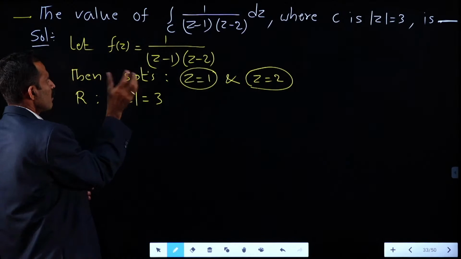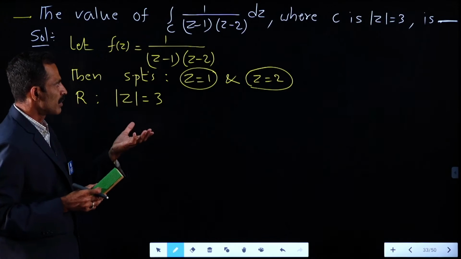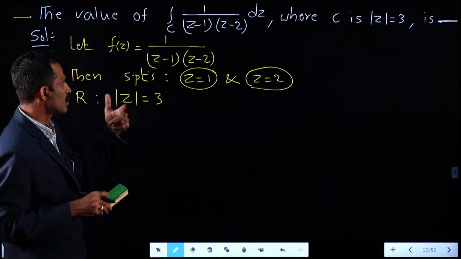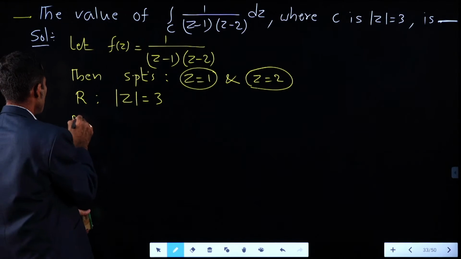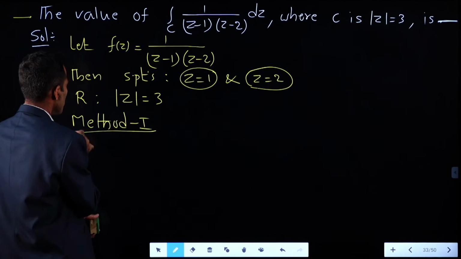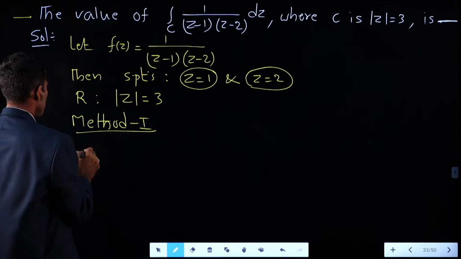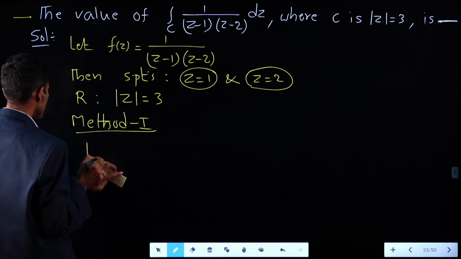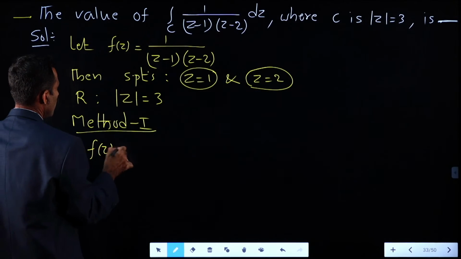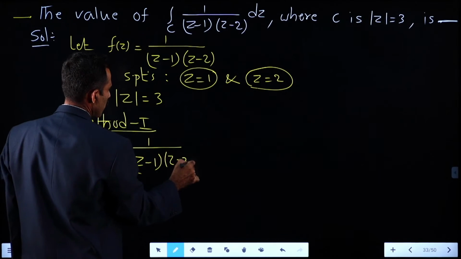So whenever more than one singular point lie inside the region, we try to do this problem by partial fraction method or without partial fraction also. First, we try to do this problem by partial fractions method only. Method 1, by partial fractions only. First, write the partial fractions of this. f of z equal to 1 by z minus 1 into z minus 2.